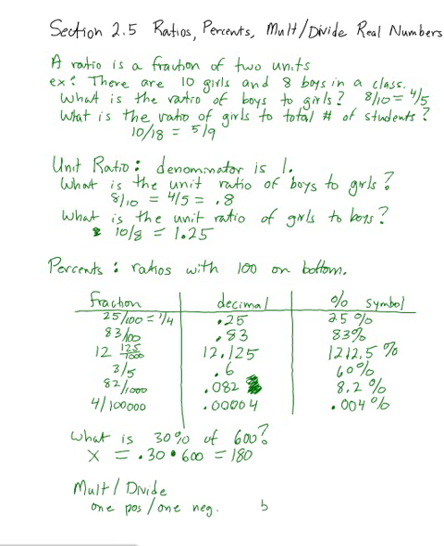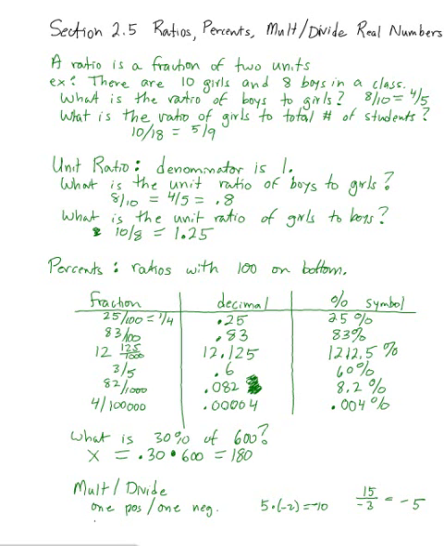If you're multiplying and you have one positive and one negative, you get a negative. So 5 times negative 2 would be negative 10. The same with dividing. If you have one positive, 15, and one negative, negative 3, you get a negative. And it doesn't matter where the positive is, where the negative is. If you have one positive and one negative, you get a negative.